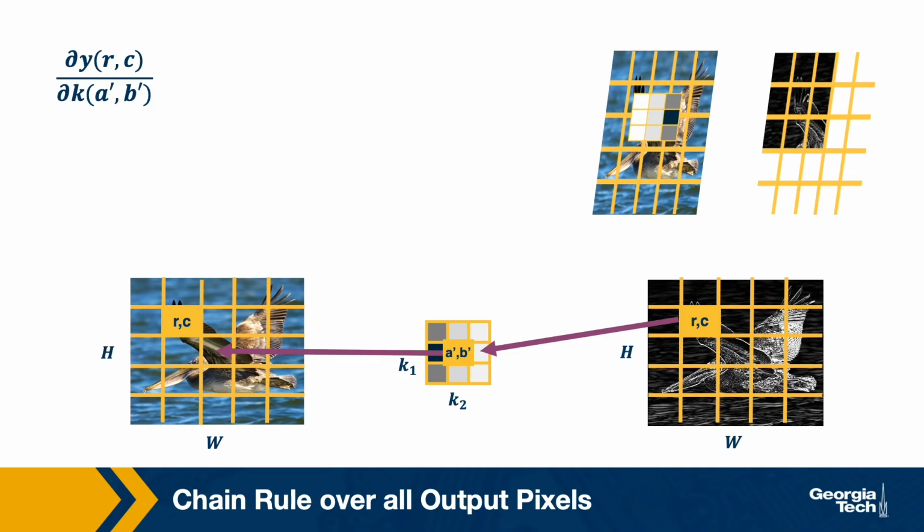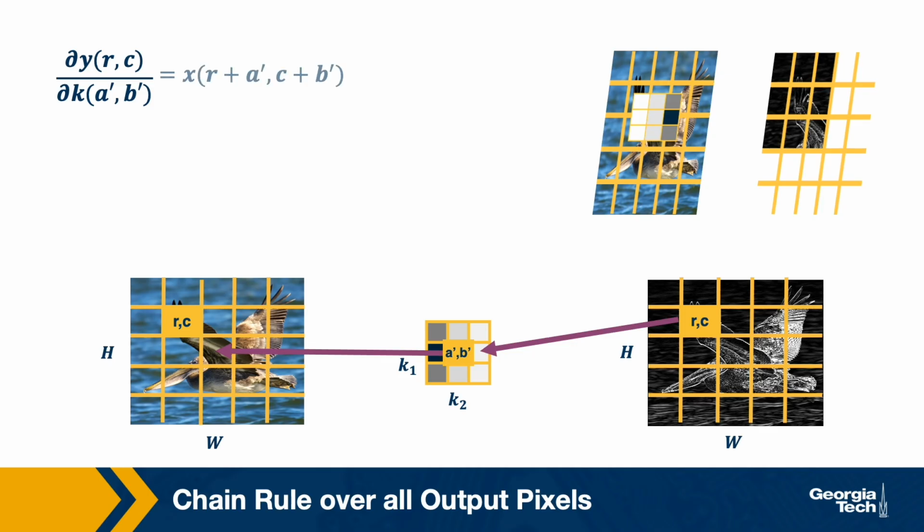And so when we have the kernel pixel a prime comma b prime, which input pixel is multiplied by it? The reason we want to know this is we're trying to take the derivative. The derivative of this w times x dot product is just the particular elements of x that are multiplied by the kernel pixel a prime comma b prime. And if you look here, the arrow gives it away.